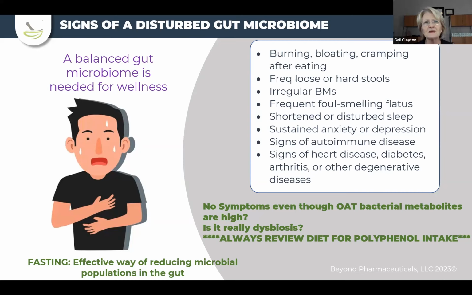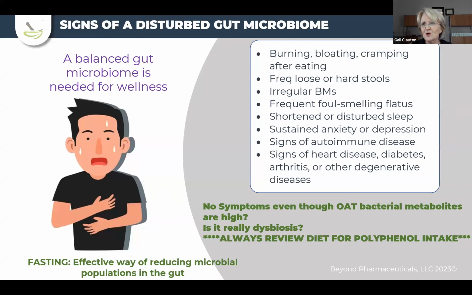It could mean that they basically have a really high polyphenol intake in their diet. So you want to know, is it really dysbiosis? What if they have no symptoms at all? Okay, so it can be very confusing on the organic acid testing when we're looking at these markers, and I'm going to go through and explain why.